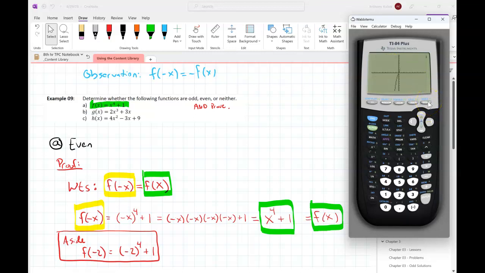I hit graph. What does this look like here? Odd, even, or neither? This looks like odd to me, right?